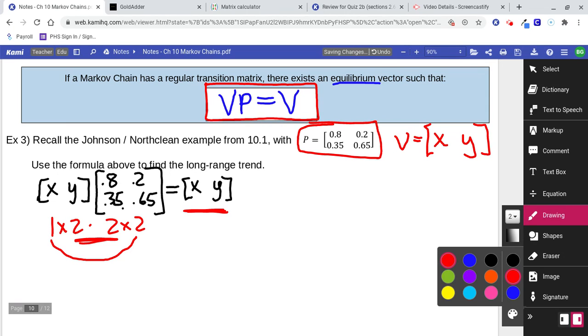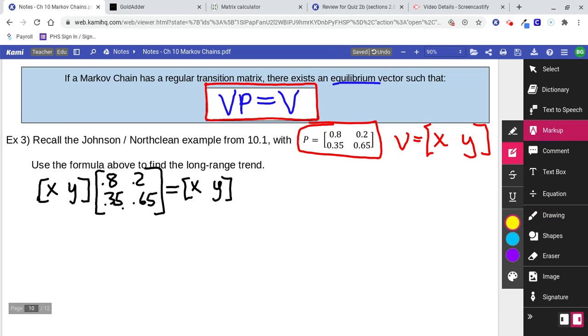We're talking about a matrix multiplication problem. That's what this becomes. And so remember how we do matrix multiplication. We do a row times a column. Your row times your column is going to end up equaling that number right there.